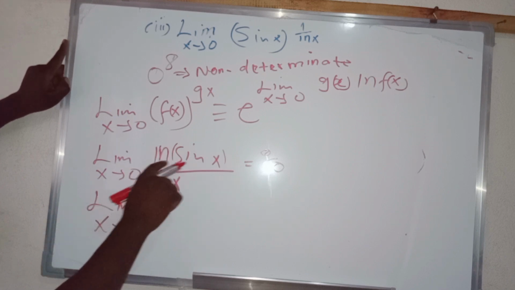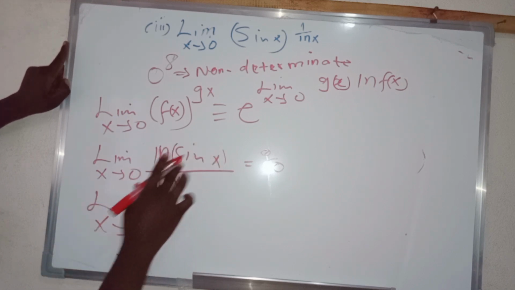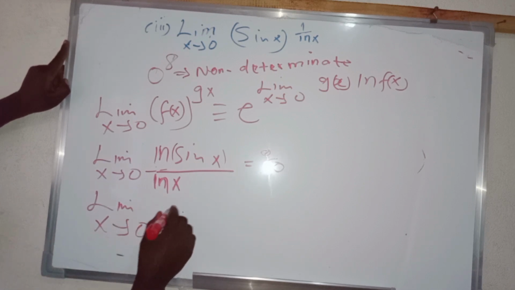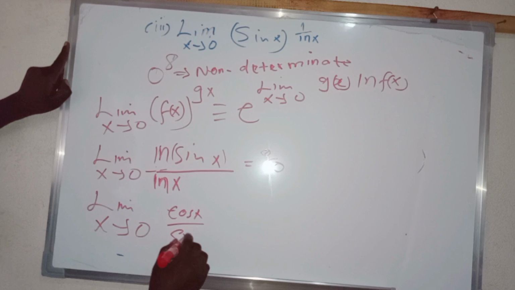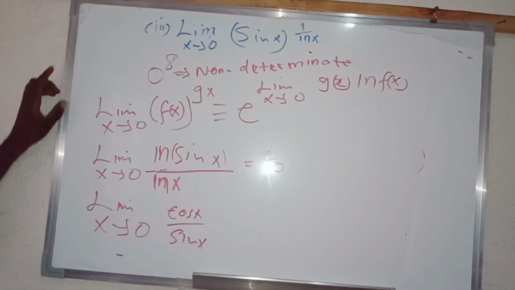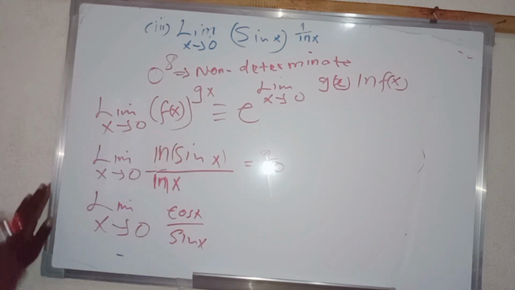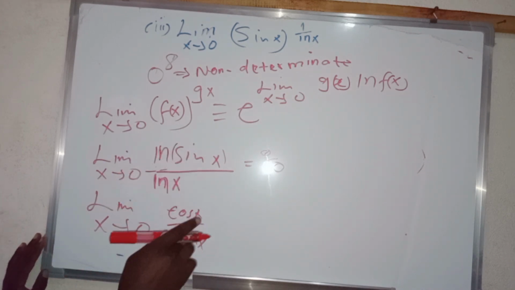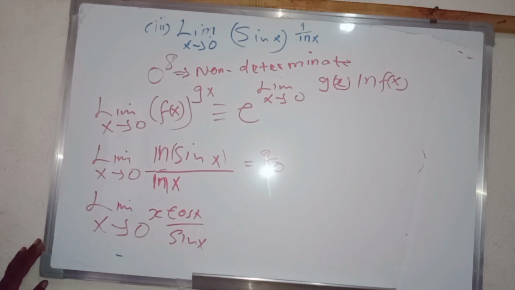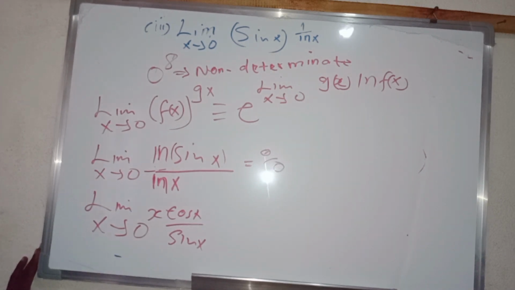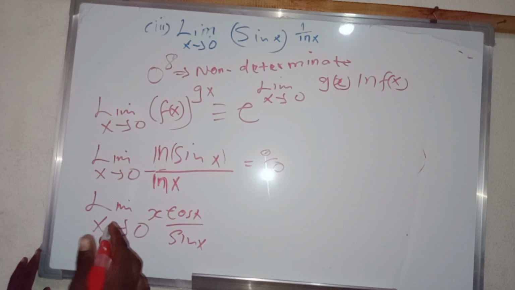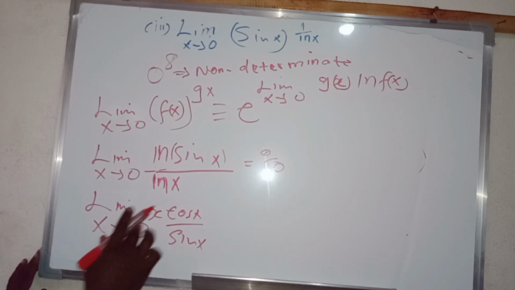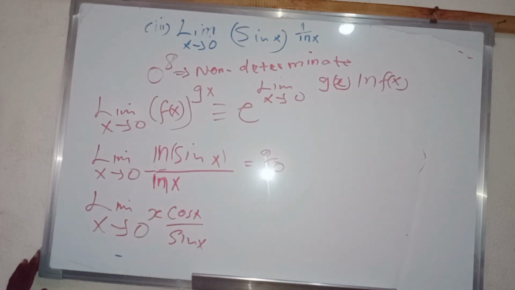So it will be the limit as x approaches 0. You differentiate the numerator part, the natural log of sin x. You find the derivative of sin x, which is cos x, divided by sin x. That is the numerator part differentiated. Divide by 1 over x, so you put x there. You have differentiated for the first time to try to make the solution determinate.